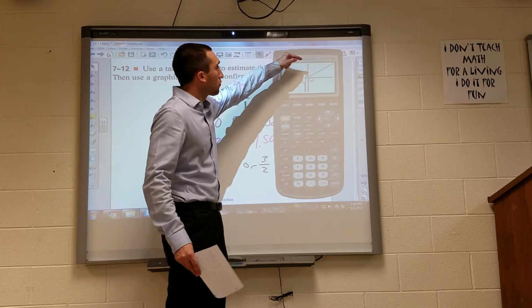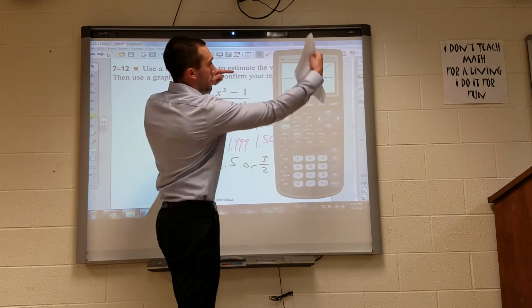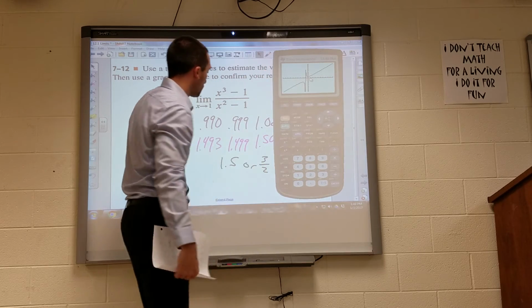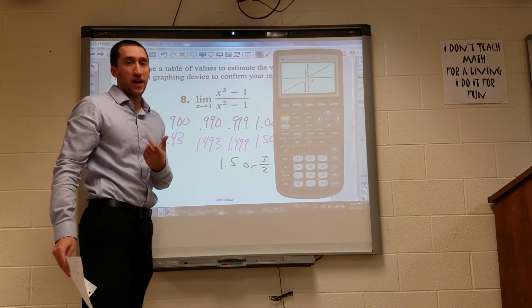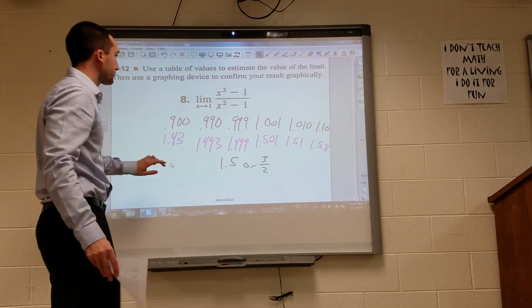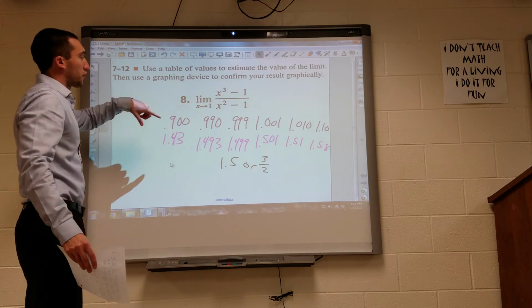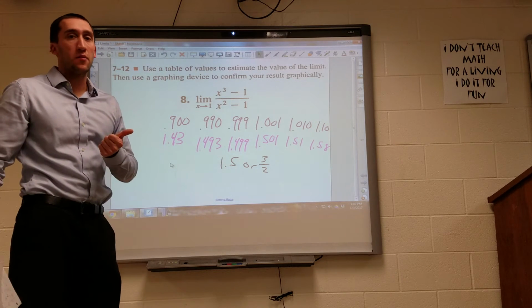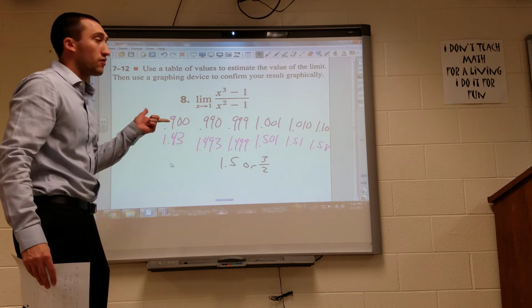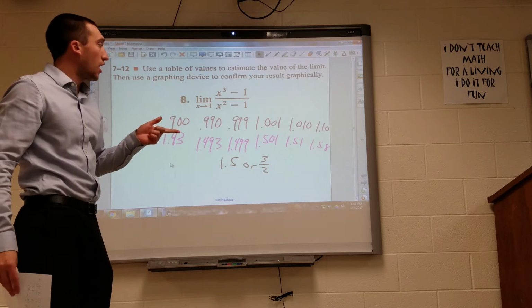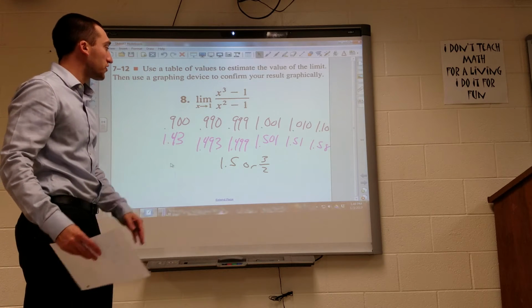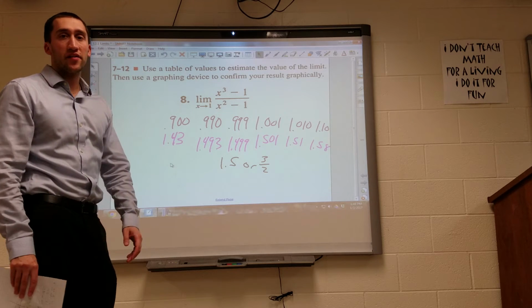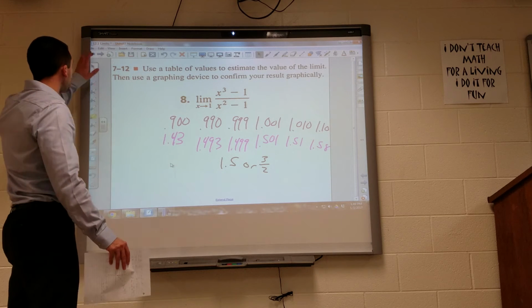So there's actually a hole right there at 1, but we can see that my lines are approaching 1.5 when x equals 1. So this is why we can't just look at the table or even look at the graph necessarily. We might need to come up with a table of values to determine what my limit is at a specific x value.